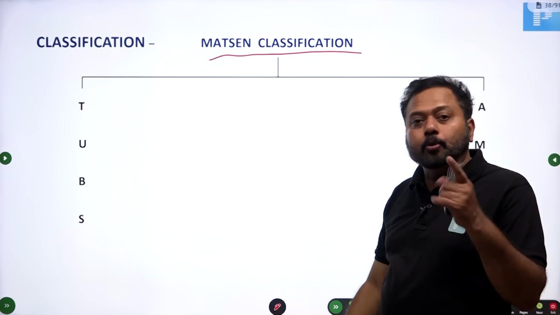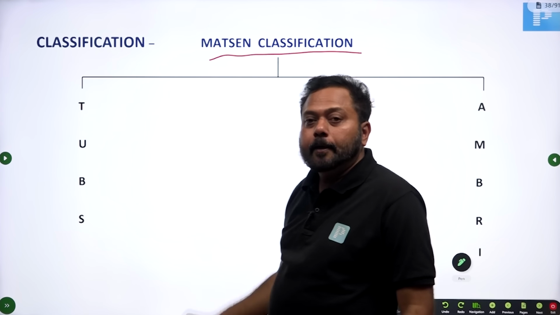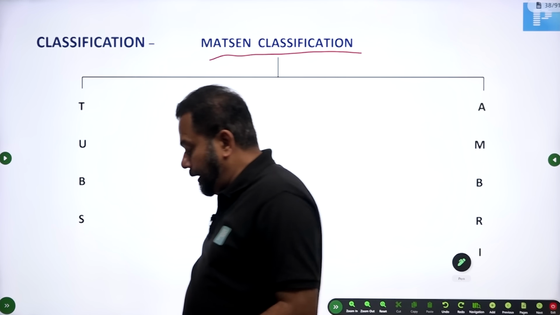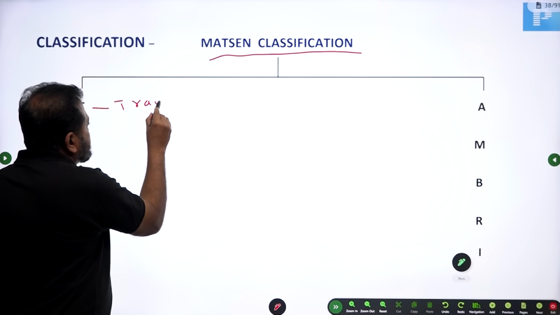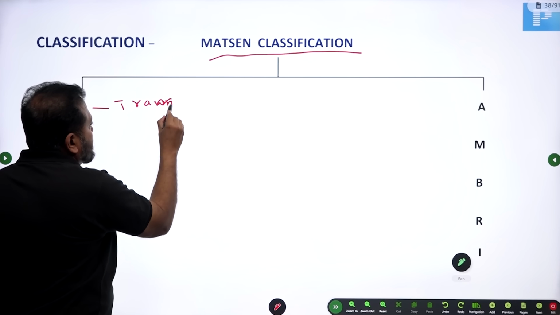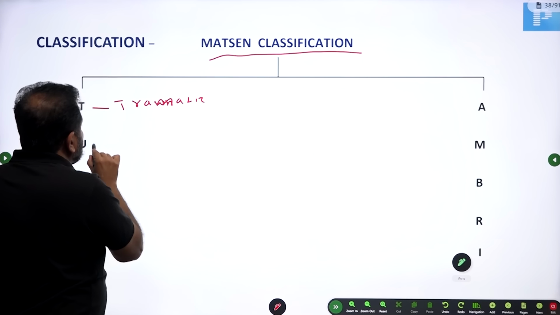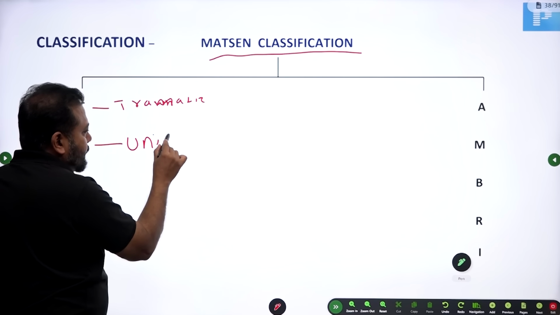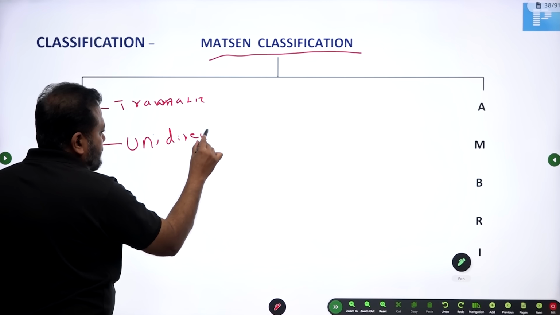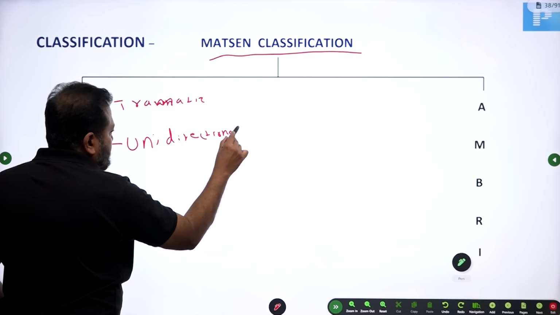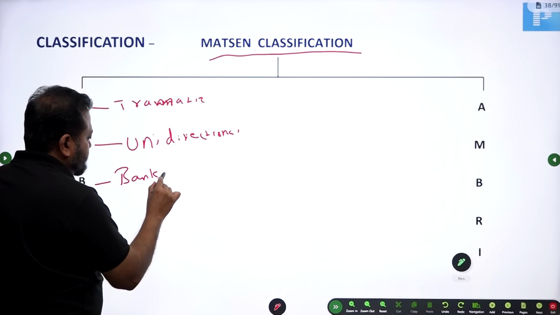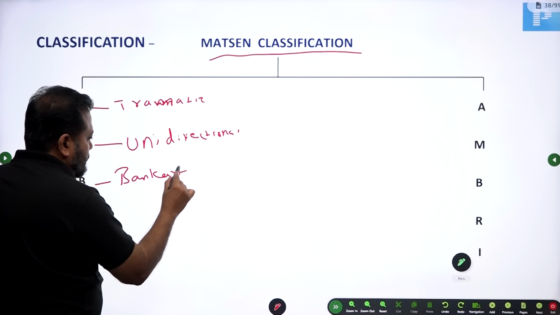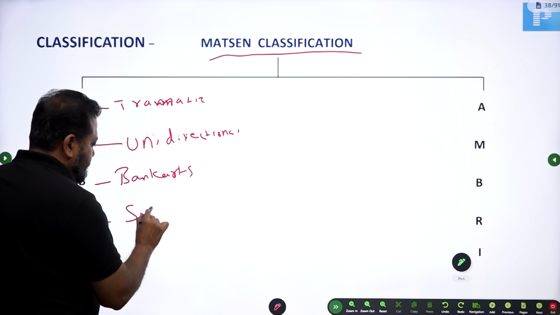Then the classification of recurrent shoulder dislocation is called Matsen's classification. It's divided into two types: TUBS, AMBRI type. TUBS means, see, T for traumatic, U for unidirectional, B for Bankart's, S for surgery.